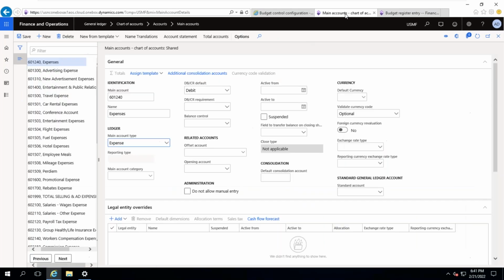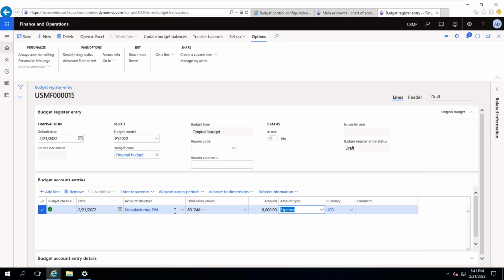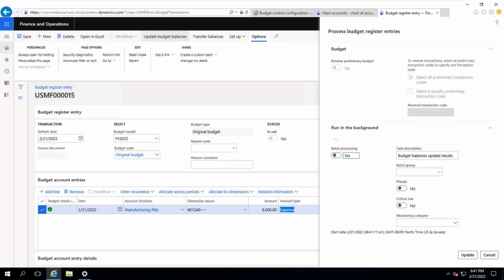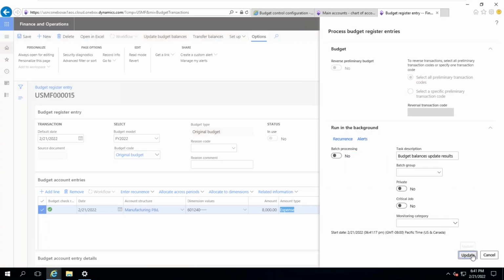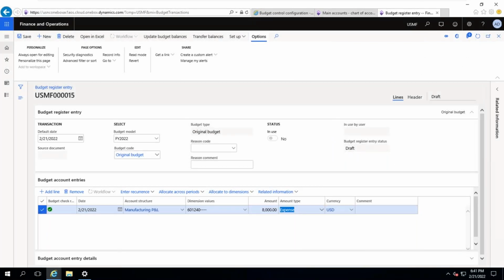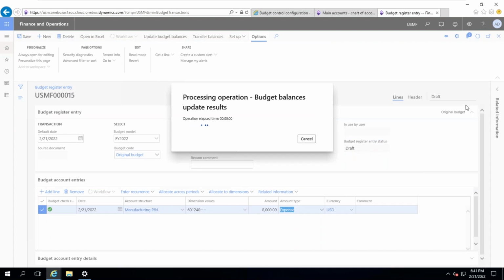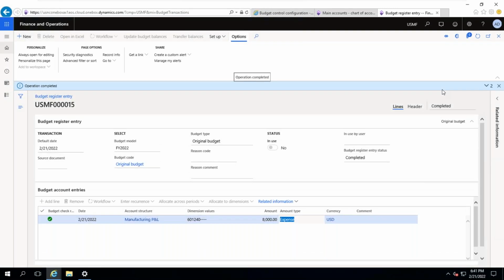Now for this account 601240, it is in the draft mode. I'm posting, using update budget balances. Click OK, update. Then it is updating the balances. It was completed; earlier it was draft mode.